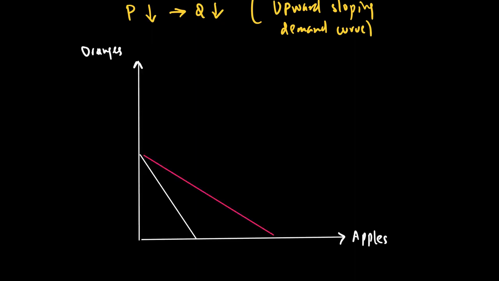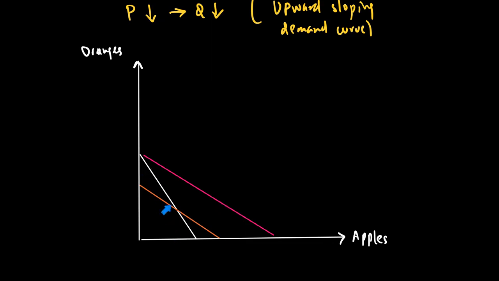So following the same steps, you can see this: if the budget line was previously the white line, when the price of apples goes down, we move to this budget line, the pink budget line, and then we need to remove our income effect. So we will draw a budget line which is going to be parallel to the new budget line.